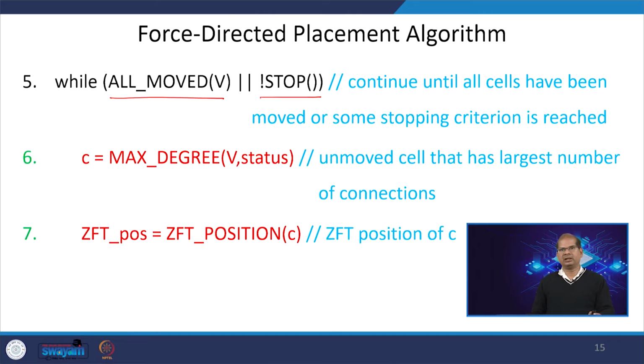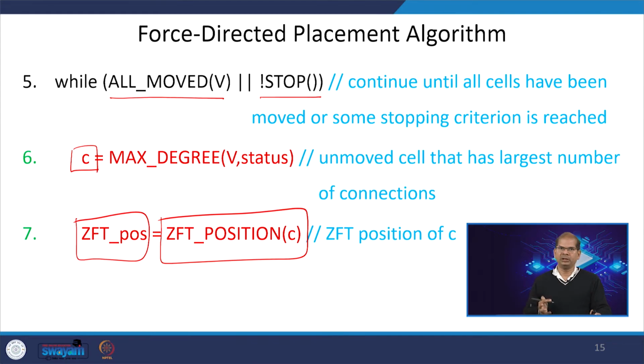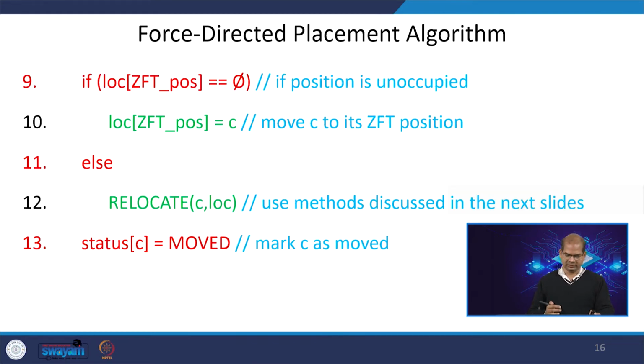Maximum degree is basically the cell or vertex that is connected with the most cells. That cell, having the maximum degree, is taken into account first. Then it is passed to our 0 position algorithm to find its position first. The cell having more connections should find its JFT position first.